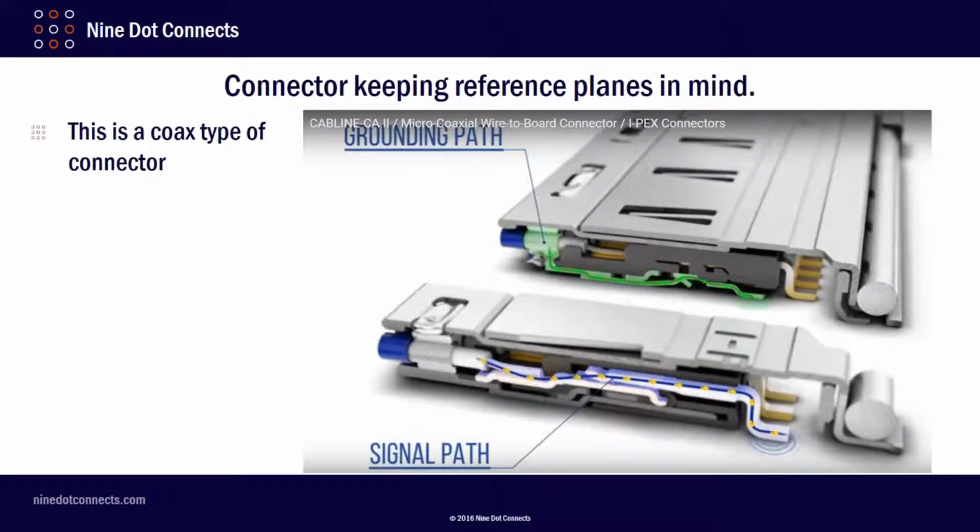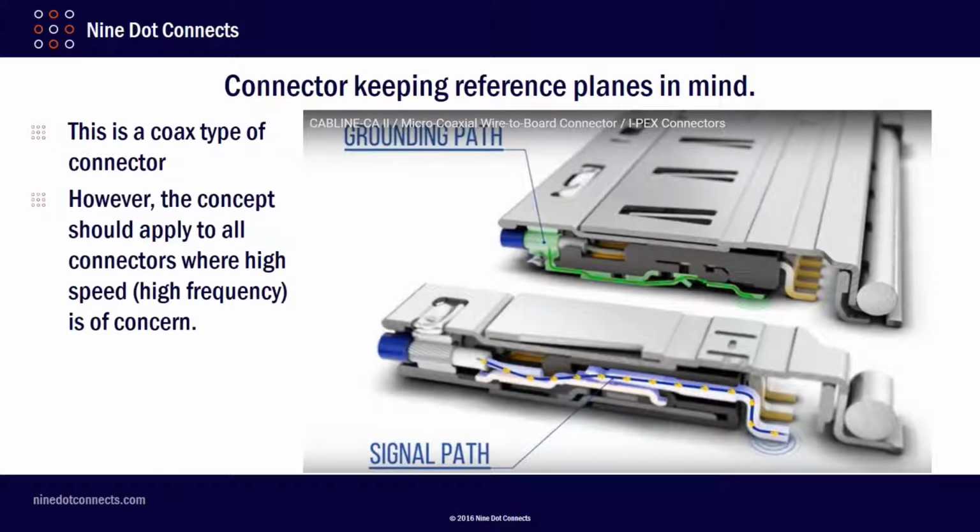Now here's a newer connector made by IPEX. These people really gave a lot of thought into how to make sure their connector did not inhibit signal integrity. So even though it's a coax type of connector, what they did here should apply to all connectors anytime you have high frequency concerns.